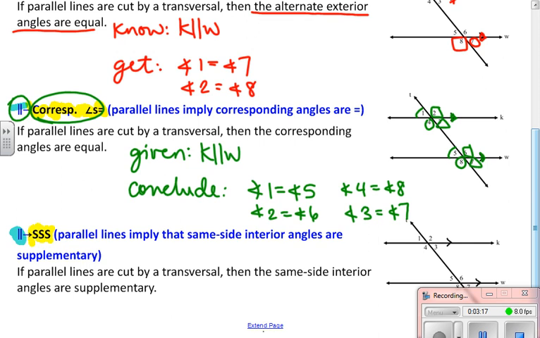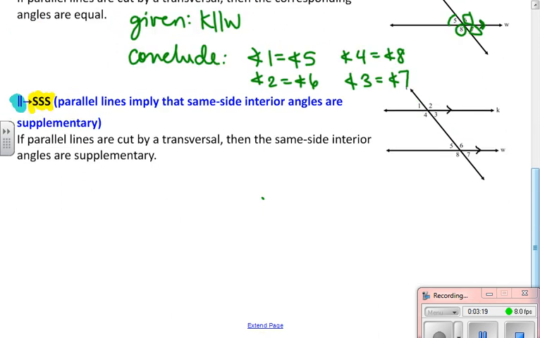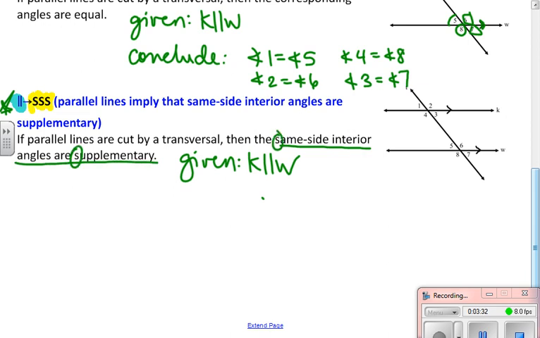And lastly, the one that's a little bit different, again, if you were given that K is parallel to W, then I know that the same side interior angles are supplementary, and I remember the S's, same side supplementary.